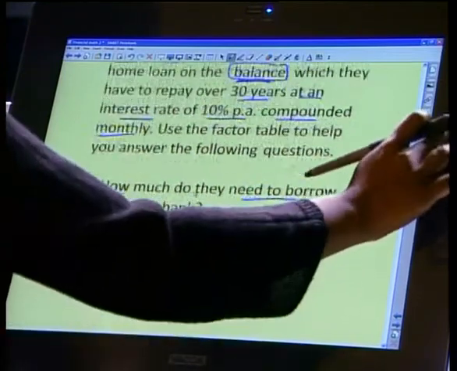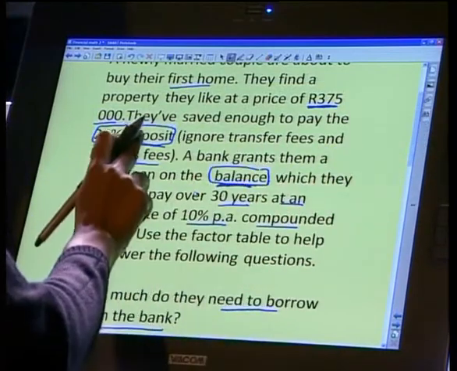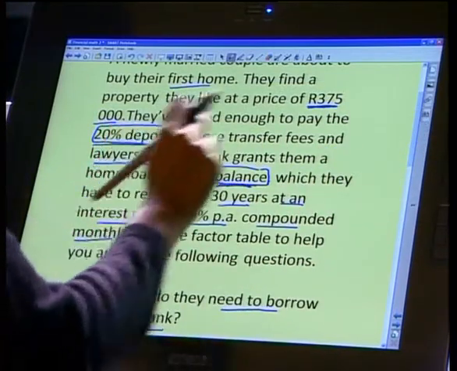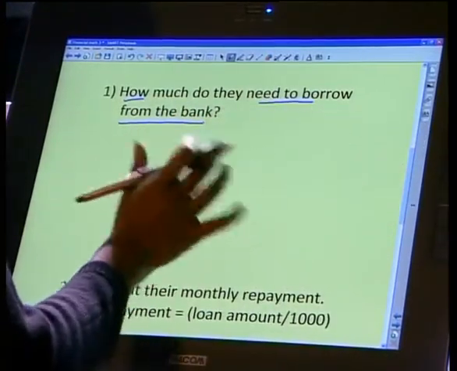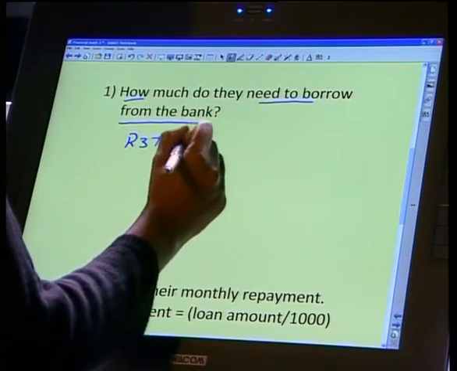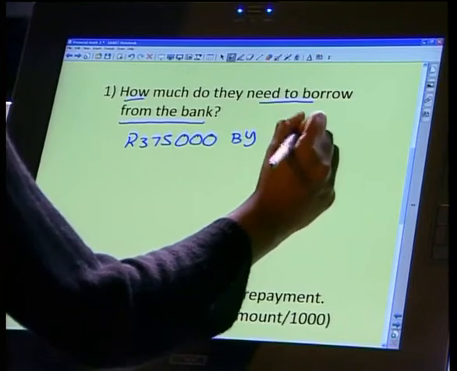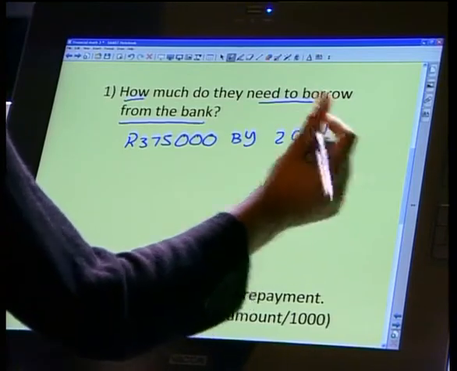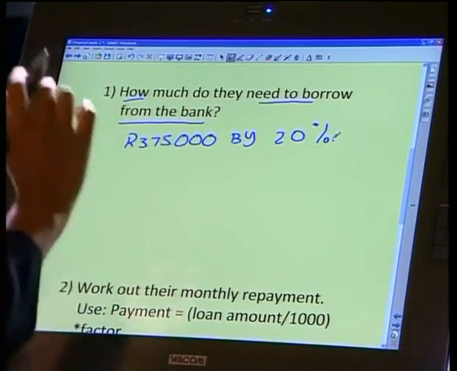Now remember, the bank is giving them a loan less the 20% deposit. So basically, we need to decrease that amount of 375,000 Rand. We need to decrease that by 20%, and that will tell us how much they're actually going to need to borrow from the bank.